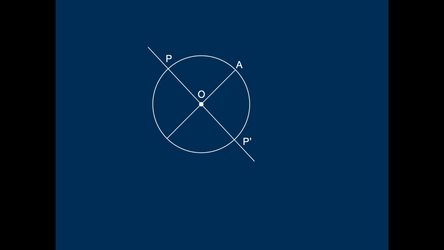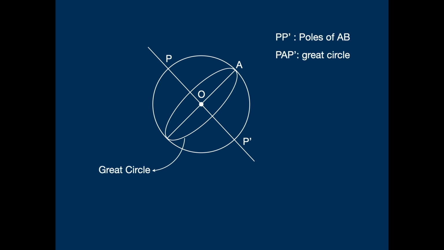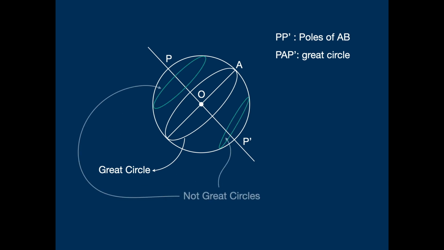But of course, if you're not viewing it from the top, let's say you're viewing it from the side, then this is also a great circle. Okay? So P and P prime are what are called poles of the arc, the great circle, which we have drawn here. So PAP prime is also a great circle, and the arc which we have drawn here is also a great circle. But what is a great circle?